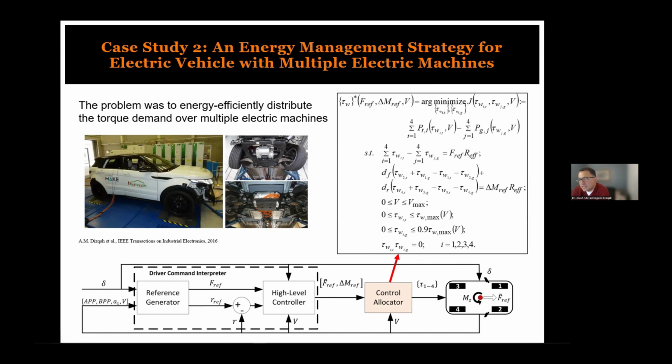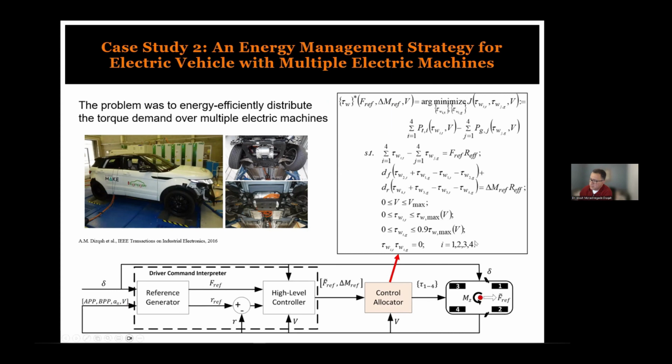The question was how we can use these multiple electric motors in a way that minimizes the energy consumption. In other words, whether having multiple electric motors can reduce the energy consumption of an electric vehicle or not. And we showed that yes, it can.